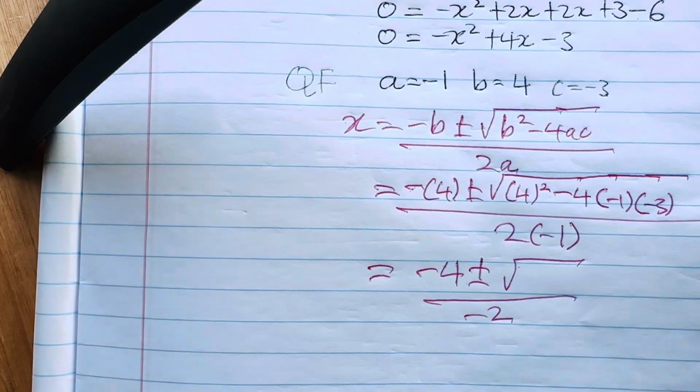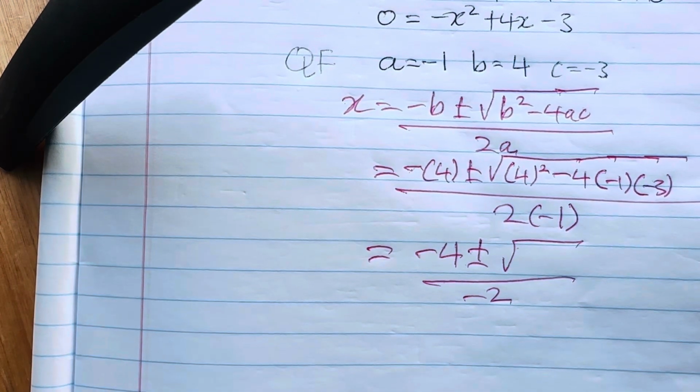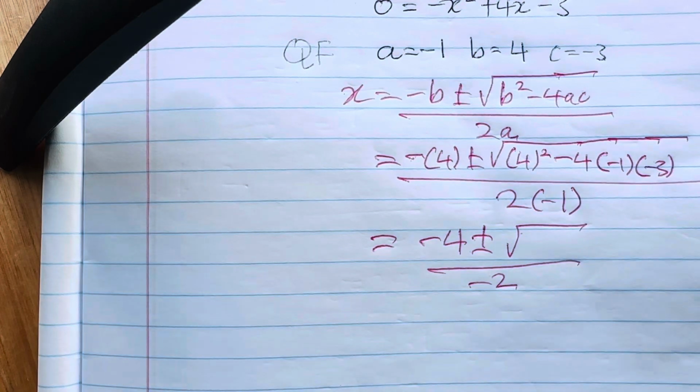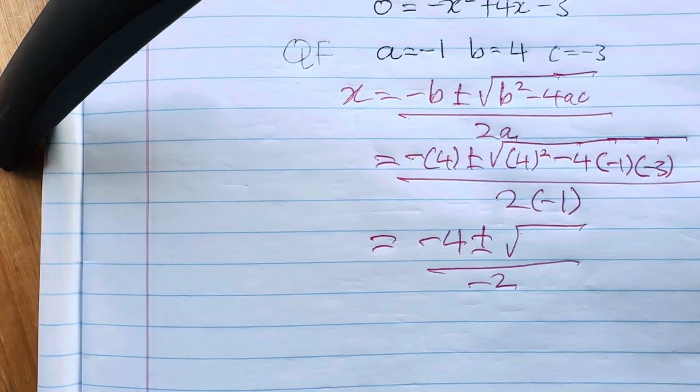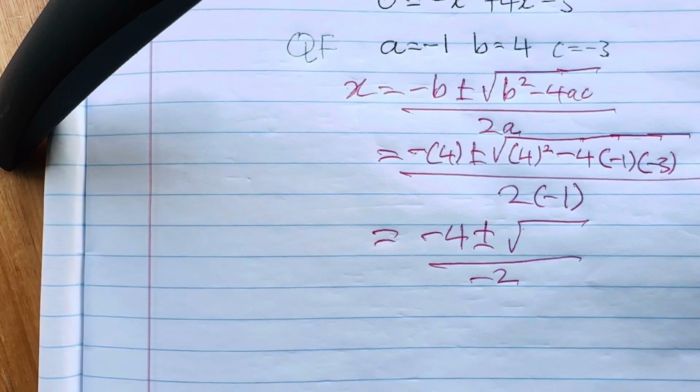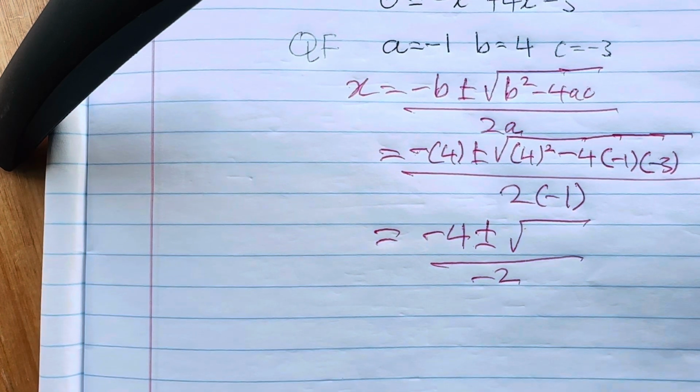4 squared is 16. 3 multiplied by 12. Let me just give you some time to enter it in your calculator.